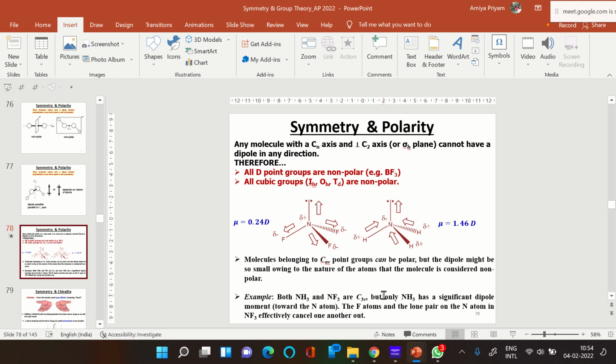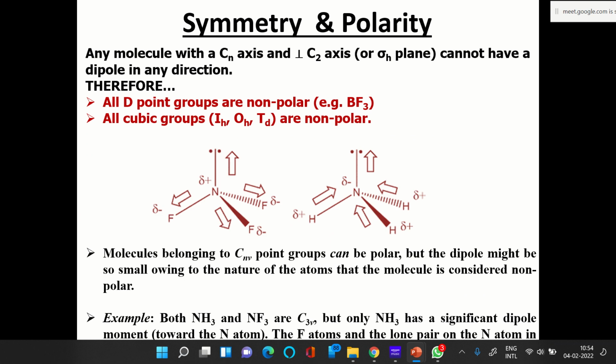The actual value for NF3 turns out to be very small, 0.024 D, whereas in NH3 it is 1.46 D. Similarly, in phosphorus-hydrogen bonds there is no electronegativity difference between phosphorus and hydrogen, so again the dipole moment may not arise.